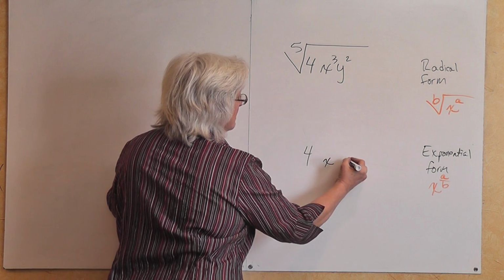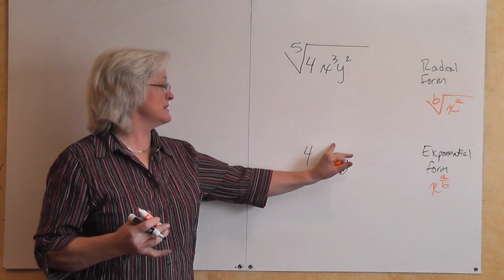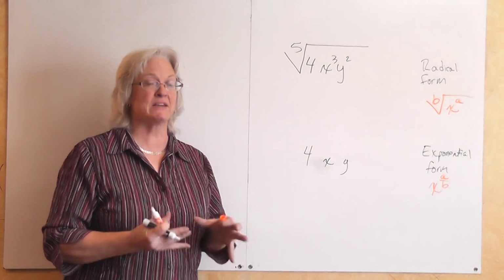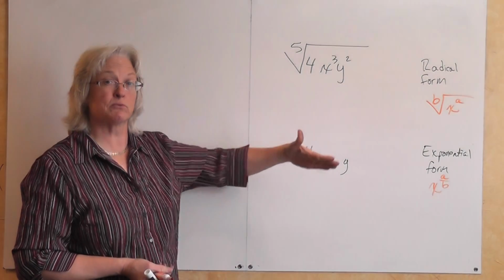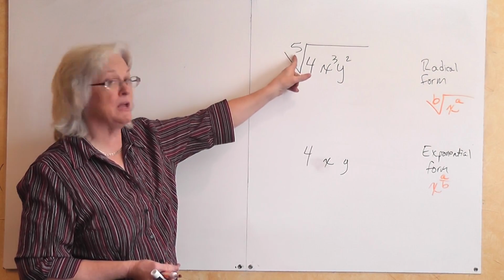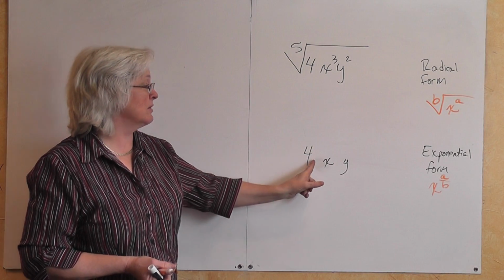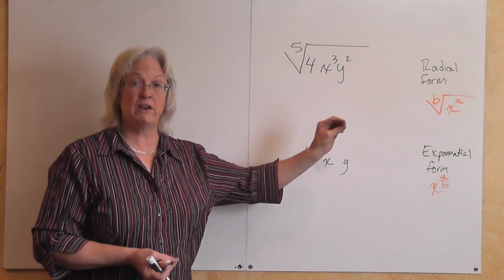I'm going to space it out here because exponential form means each one of these little individual factors in here has an exponent. The denominator is always the root that we're taking. So what's our denominator going to be? The denominator is going to be 5. So all of these are going to be 4 to the some fifth, x to the some fifth, y to the some fifth.